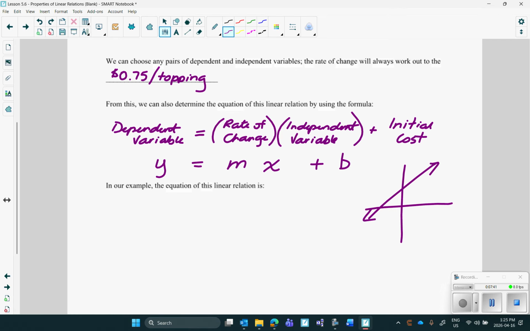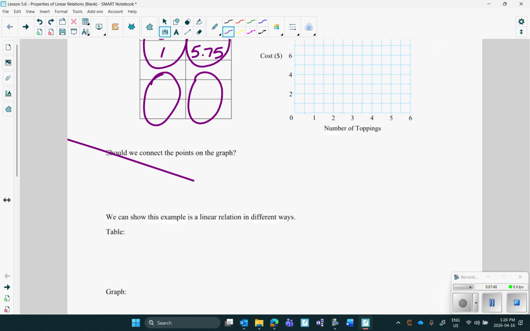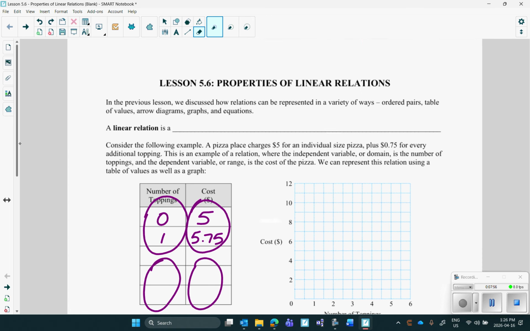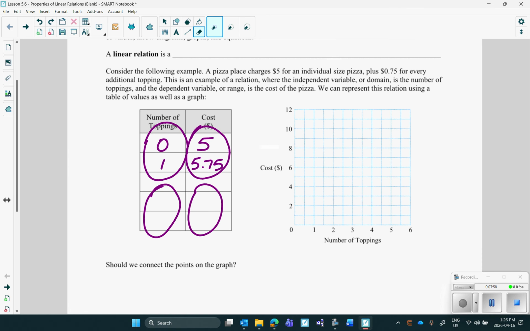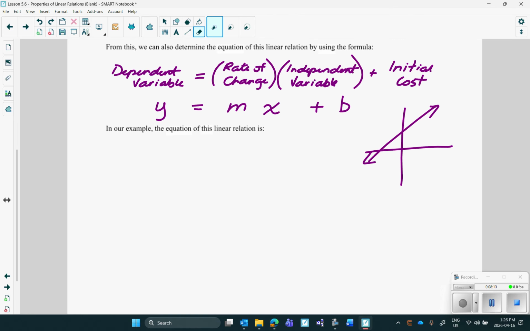So going back to our example, what was the dependent variable? Cost or toppings? Cost, right? It's always the second column. The independent is always the first column. So we would say cost, or we'll call it C, equals, what was the rate of change again?